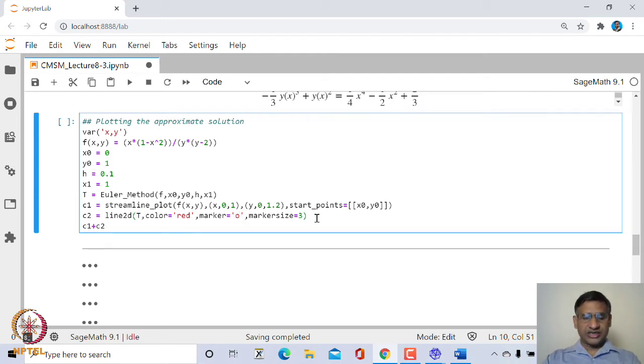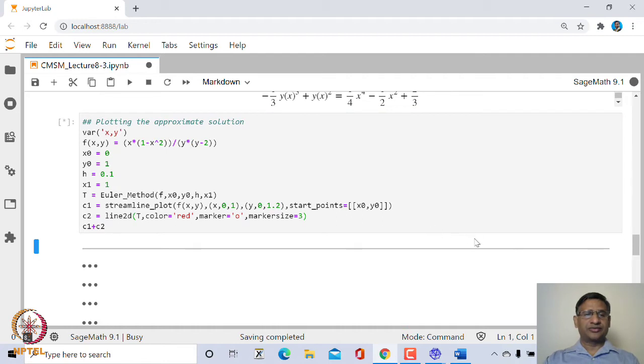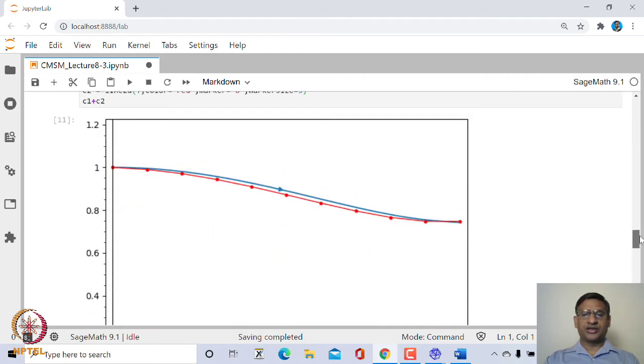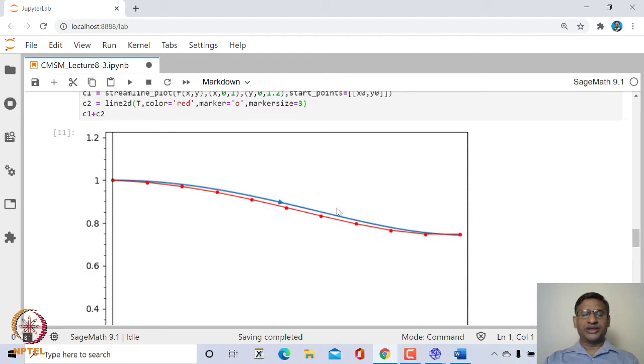So let us run this. When you run this, this is what you see. The blue one is the actual solution, and the red one is the approximate solution.